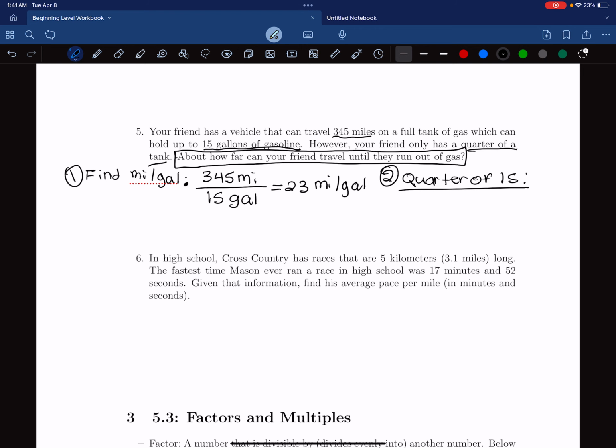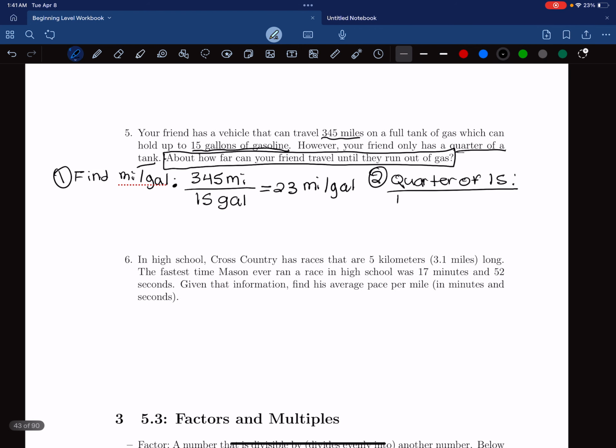Now a quarter is 1/4. So we're going to take 1/4 and multiply that by 15. In other words, that is 15 divided by 4. And 15 divided by 4 is approximately 2.25. So your friend has approximately 2.25 gallons left in the tank.